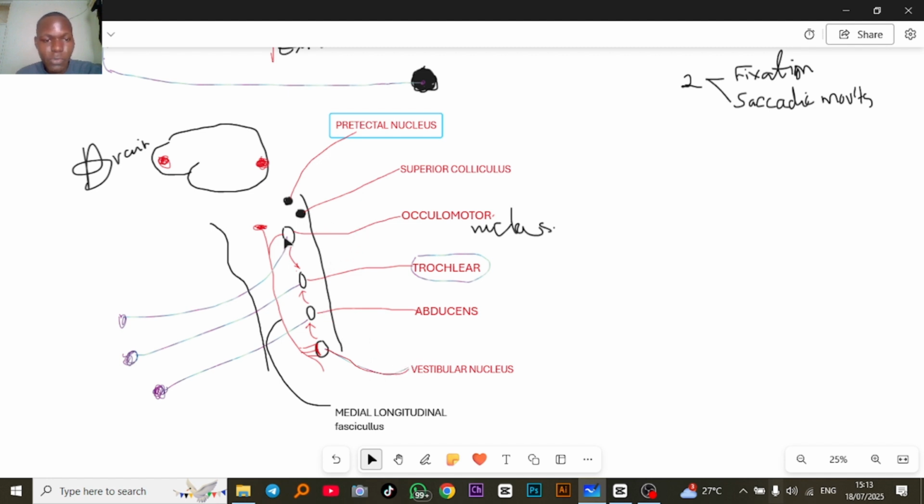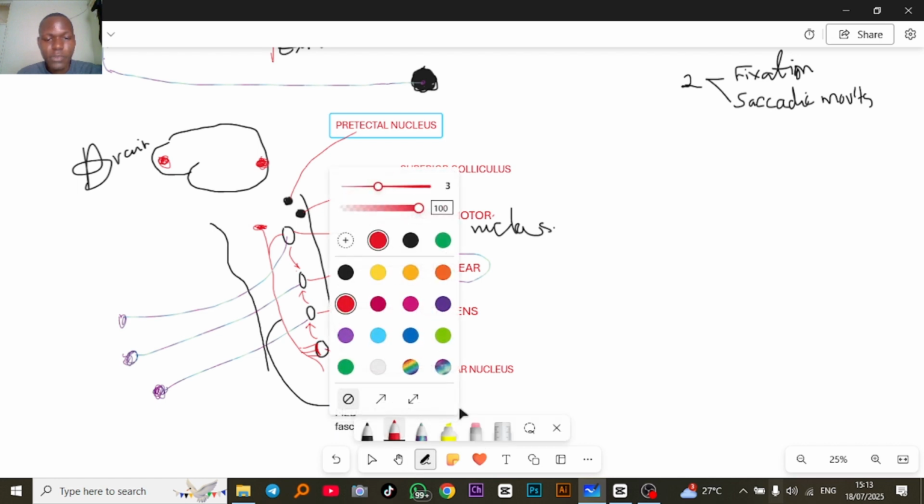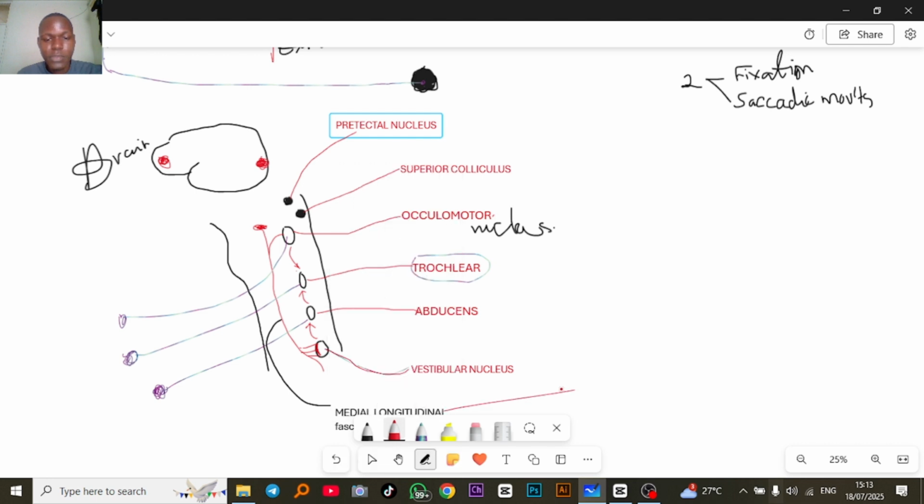And what's the importance of this connection? You read in your textbook and they'll tell you that the connection is important in what we call reciprocal innervation.